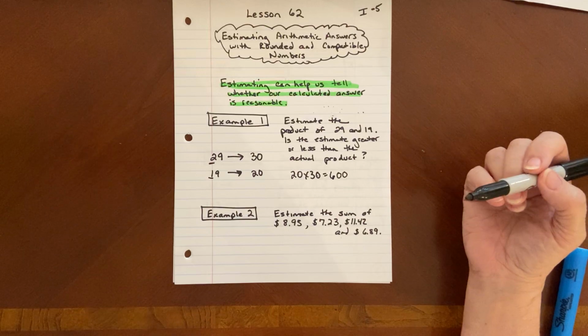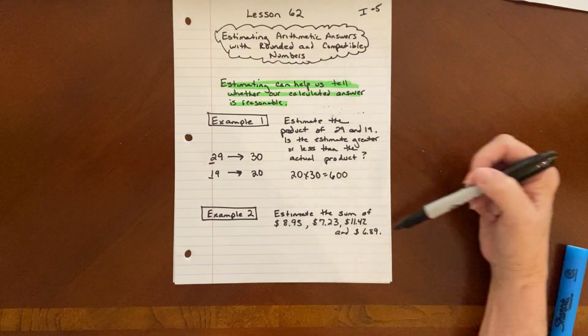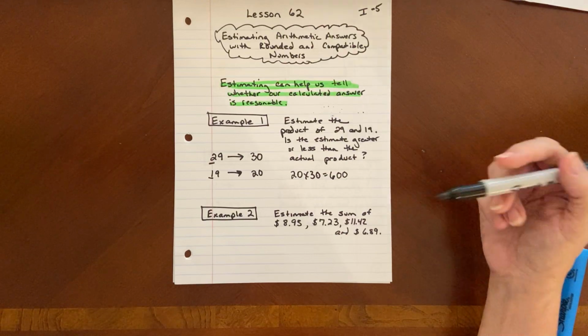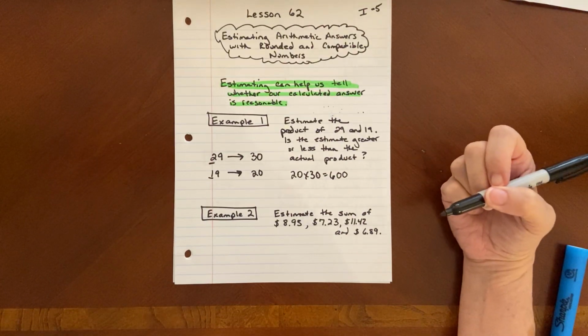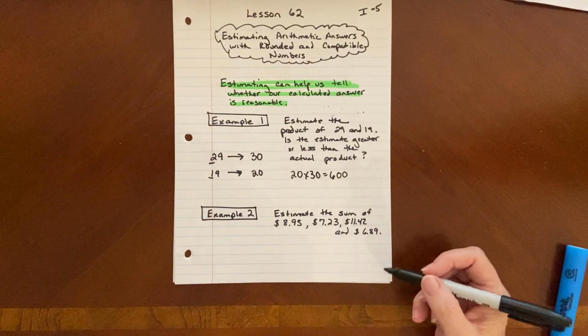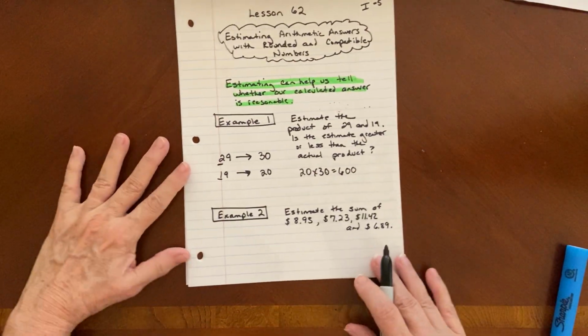Okay, example 2 says, estimate the sum of a bunch of money. So when I'm doing money, I'm going to round it to the nearest dollar, and they told us that. So this is weird. Normally you go to the further left number, but they gave us dollar.